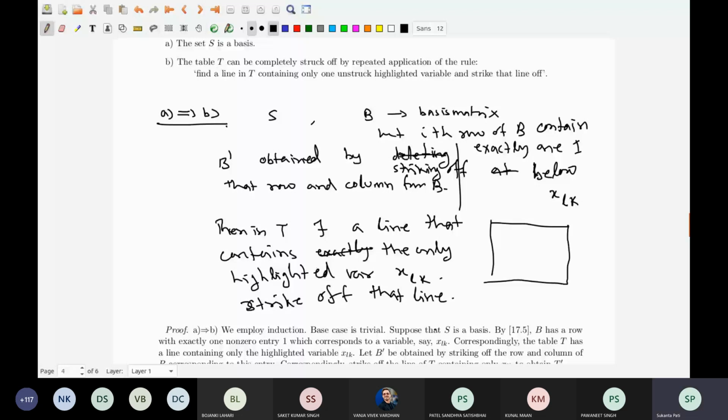And therefore by induction hypothesis, in this TDAX all the highlighted variables can be struck off. And hence we are done. A similar proof from B to A is also there.